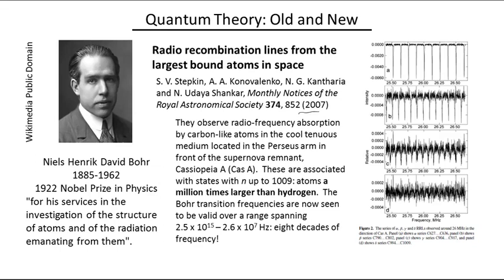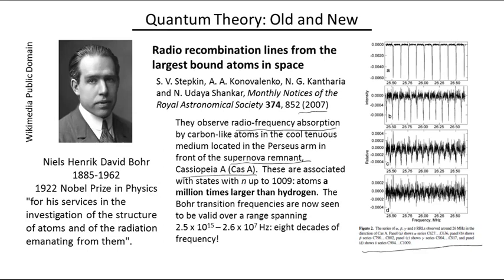Indeed, here's a fairly recent paper that shows just how striking this phenomenon of the Bohr-like series is. These are absorption lines seen in an interstellar cloud that is between us and the supernova remnant Cassiopeia A. And this is a spectrum, I don't know if you can read it that clearly here, in the radio frequency region.